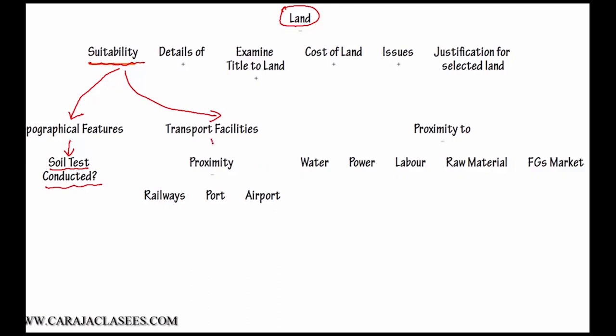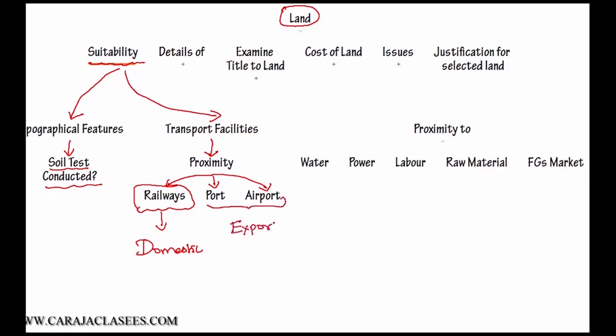What is the proximity of the land site to railways, to port, to airport? Railways attains importance when the goods are going to be sold in the domestic market, and the proximity to port and airport gains importance when goods are subjected to exports. When they are planned for exports, what is the proximity? That should be addressed in the proposal.